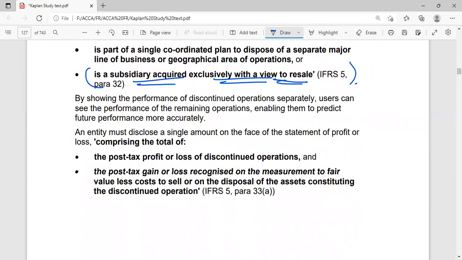So an entity can disclose a single amount on the statement of profit and loss comprising the total of post-tax profit or loss of the discontinued operation. Post-tax is nothing but profit after tax or loss after tax, which is only required to be measured. And post-tax gain or loss recognized on measurement to fair value less cost to sell or on disposal of assets consisting of the discontinued operation.